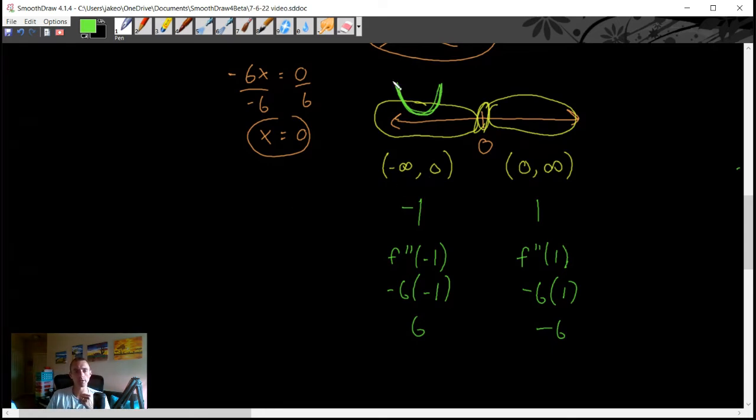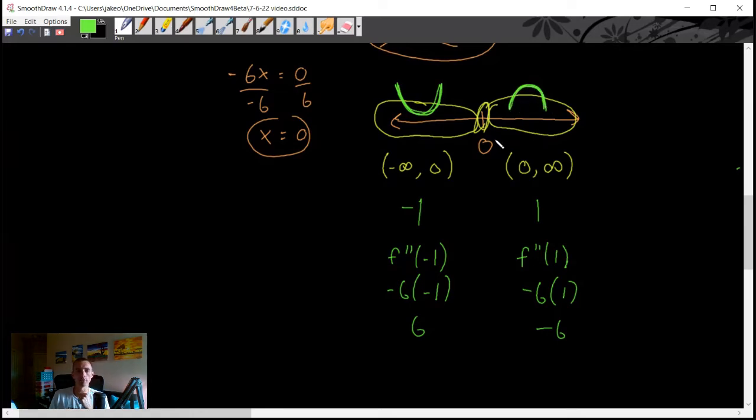So if the second derivative is positive, that means it's curved upward. Here we got a negative number as an output for our second derivative. That tells us that our original function is curving downward. It's concave down, basically like a frowny face shape.